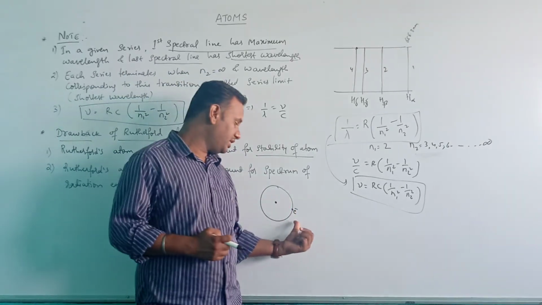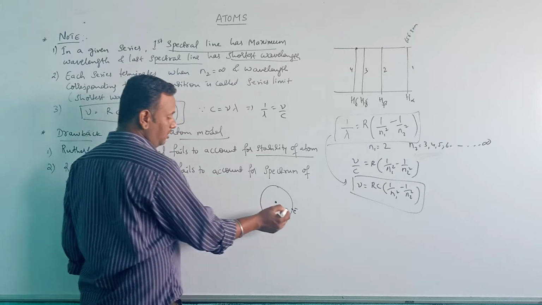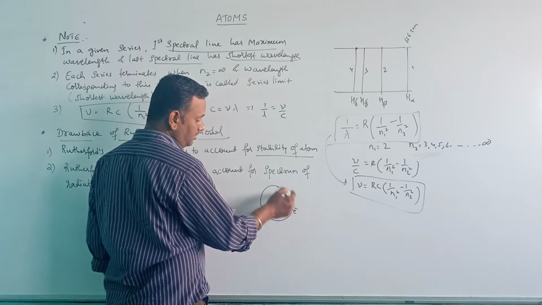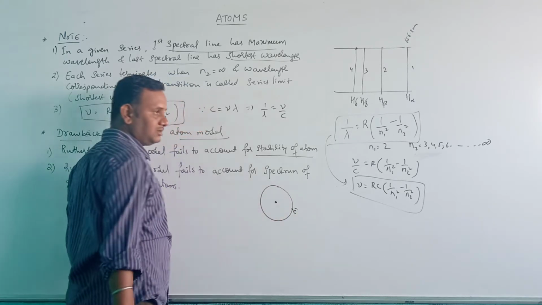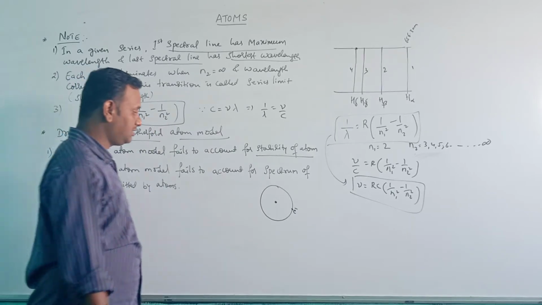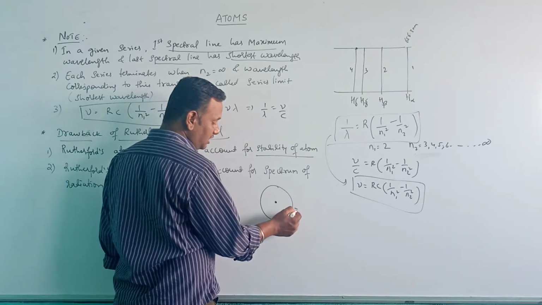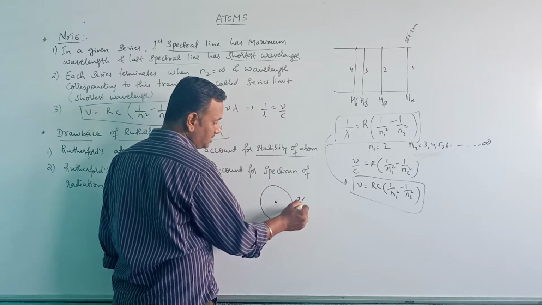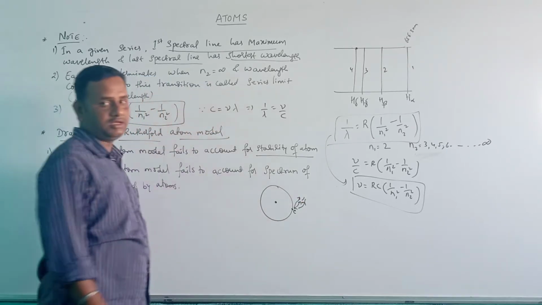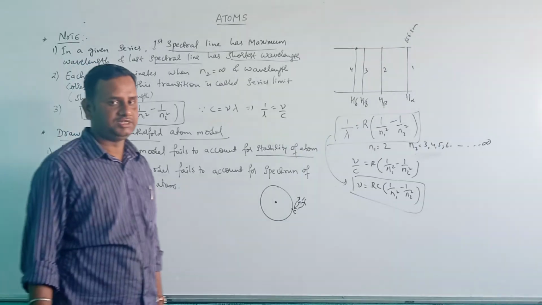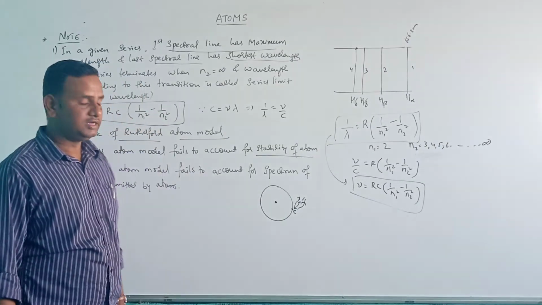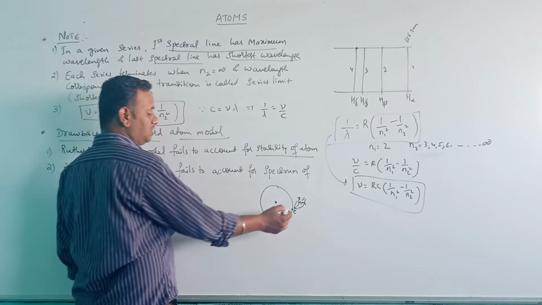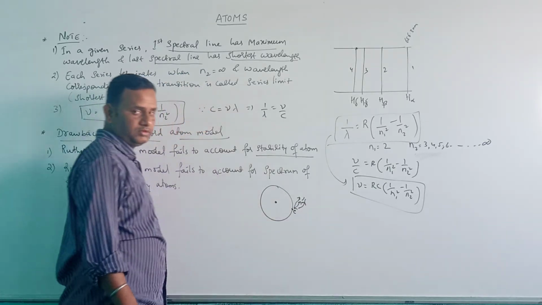In the same way, the electron which is revolving around the nucleus in its orbit continuously emits its energy in the form of radiation. So it emits electromagnetic waves.